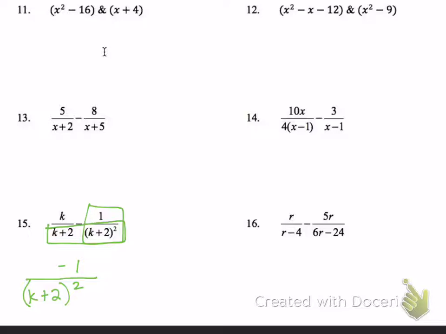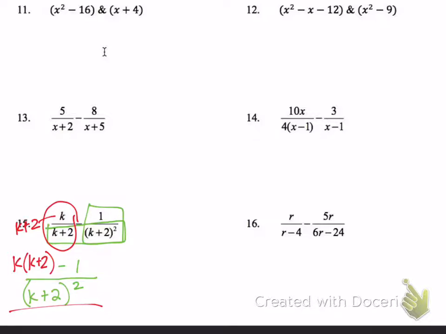But with the stuff on the left, in order to make this k plus 2 squared on the bottom, I need to multiply the whole thing by what? K plus 2. Because when I multiply the denominator by k plus 2, that gets me k plus 2 squared. So then on the top, it is k times k plus 2 minus 1.